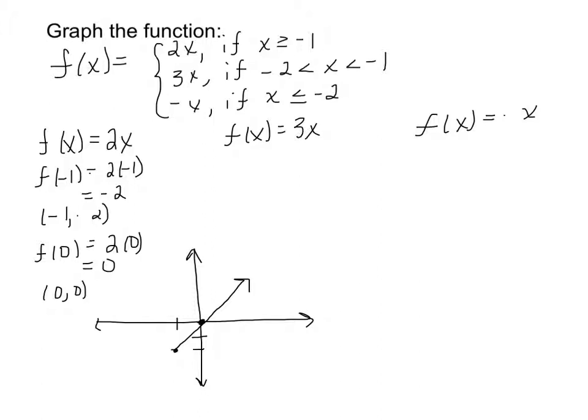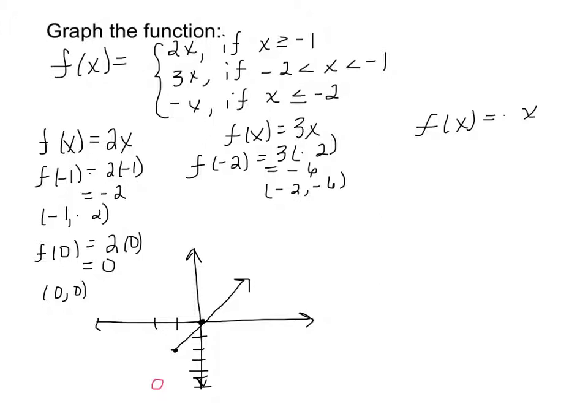So I'm going to plug in negative 2. And if you notice, it's not including. So 3 times negative 2 is negative 6. So that's negative 2, negative 6. I should use a different color. I'm going to use pink. And it's not including, so that's an open circle.